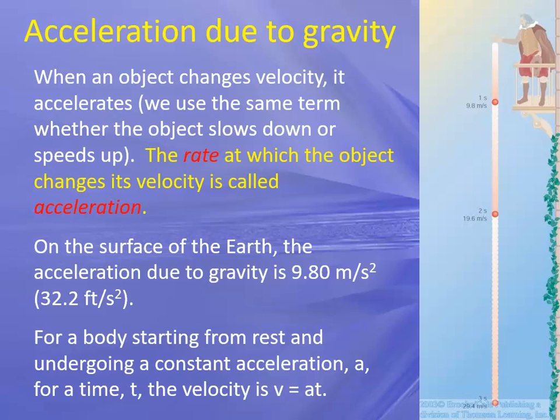So what that means is that if you drop an object or allow an object to fall, every second its downward velocity increases by 9.8 meters per second. So if it was going upward at 29.8 meters per second at one instant, well, 1 second later, its upward velocity would be down to 20 meters per second.